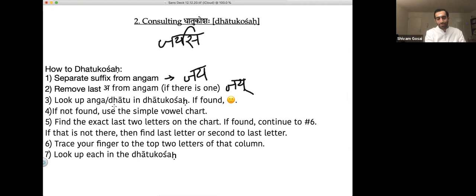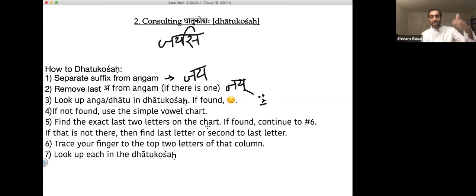Now if I look up the anga or dhatu in the dhatu kosha, you'll be searching forever. You won't find it. So I don't have a smiley face. I have a neutral face. I don't want you to be sad, so don't get a frowny face, but a neutral face. So then we have to continue to number 4.